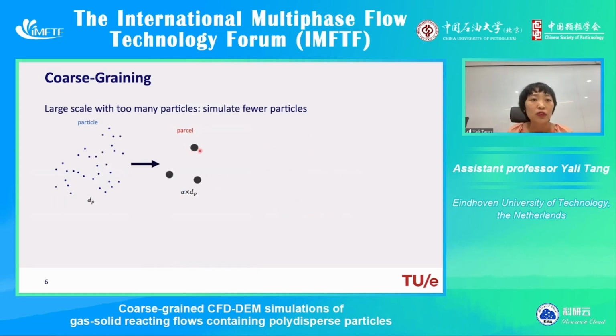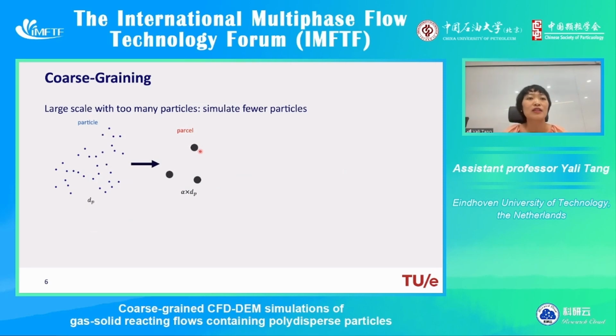As I said before, the discrete element simulations track individual particles. So if we're going to simulate large scales, for instance a pilot scale reactor or even an industry scale reactor, there are too many particles involved. It can easily be millions or billions of particles, or even more.